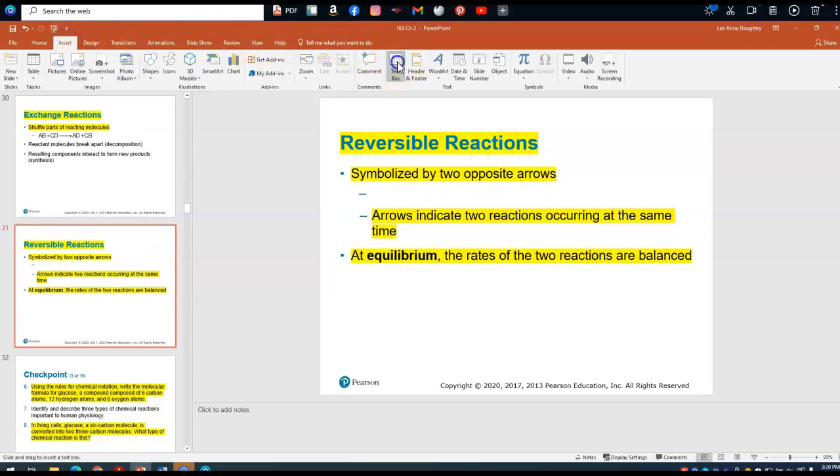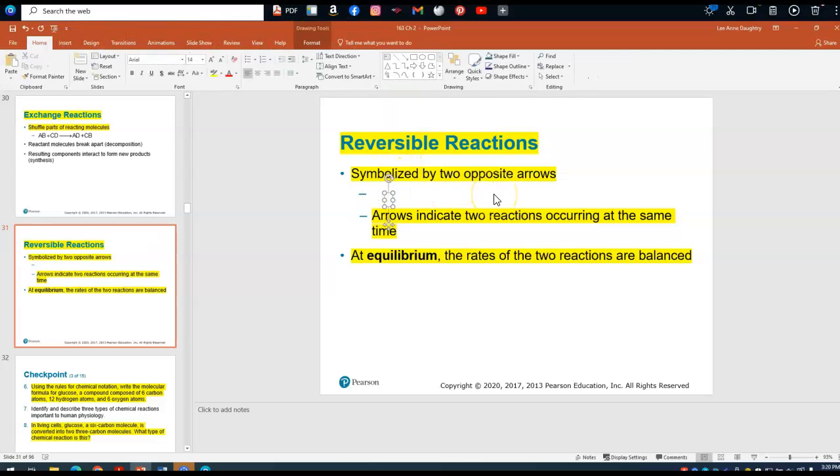Insert text box. A plus B, and then we're going to do an arrow with two ends. I think that would work just fine.